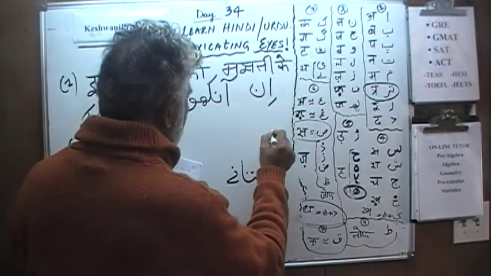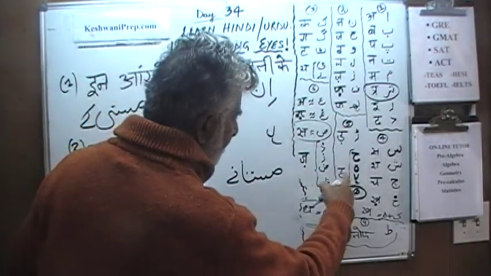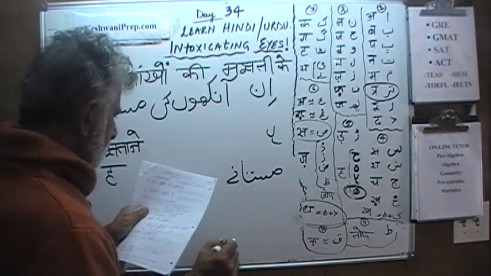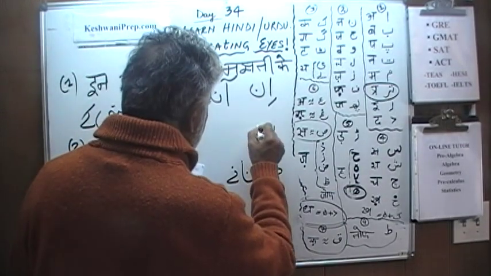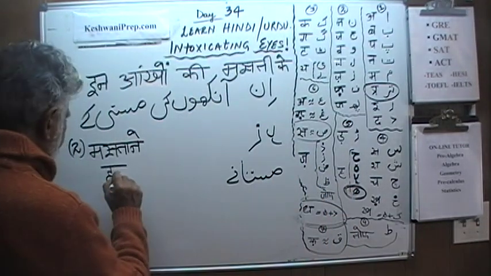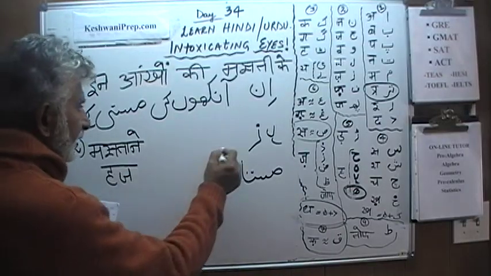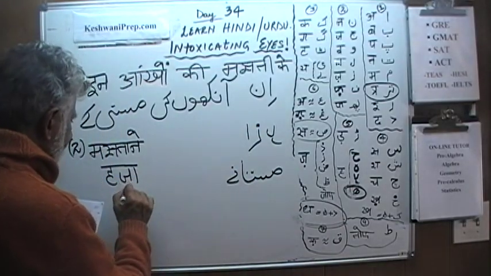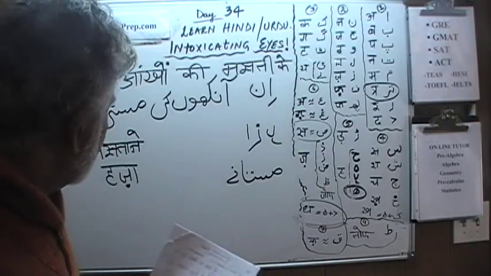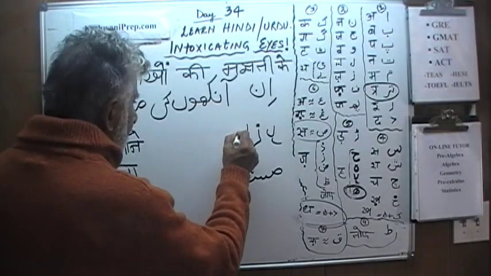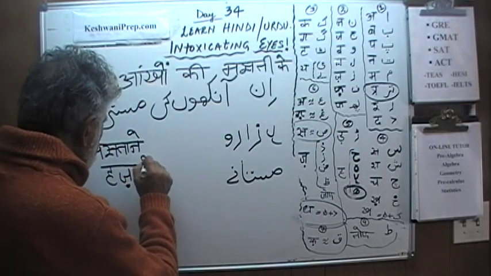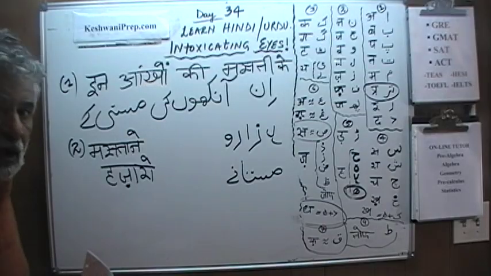Next word, hazaron. Her, this right here. Then we have a ze. We talked about ze a little while ago, somewhere right here. We don't need a ze, we need a za. Put a dot to remind yourself that it's a z and not a j. Haza. Then we have a ro. But it's not hazaro, it's hazaron.